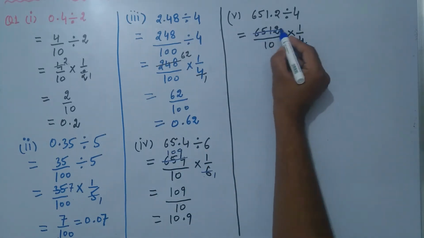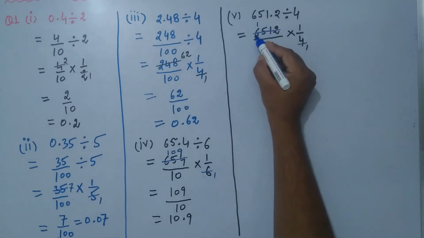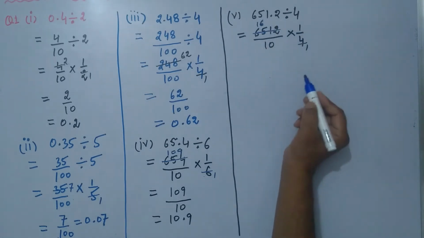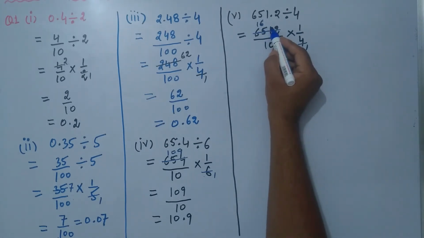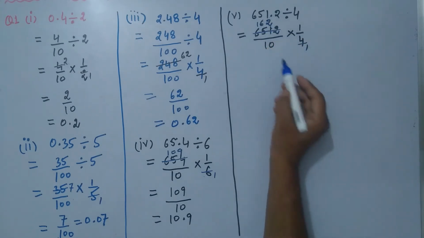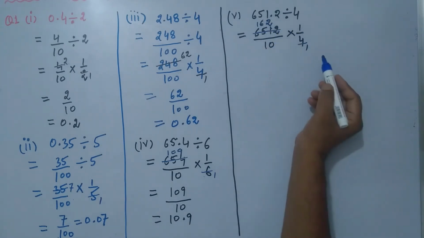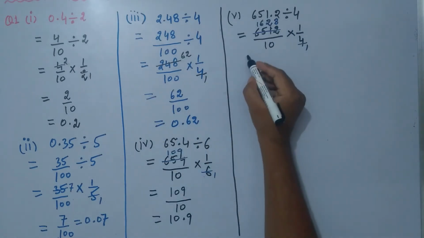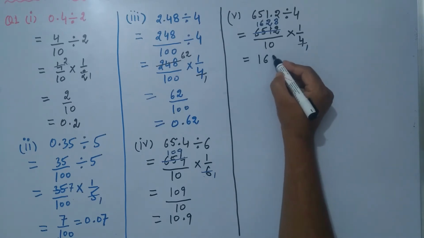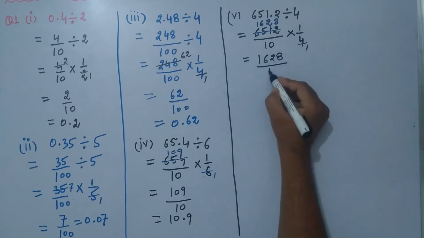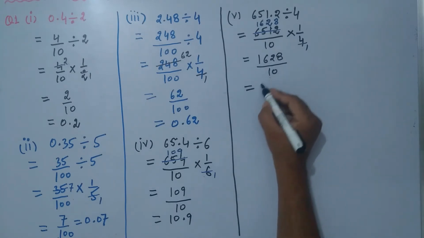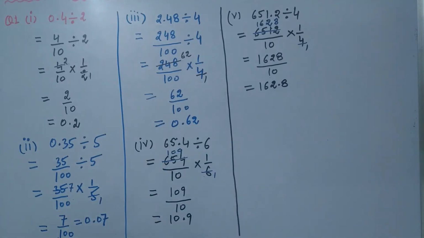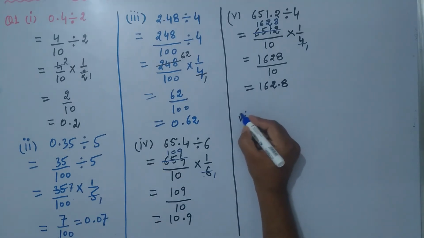Here 2 is left, 25, 4 sixes are 24, 1 is left, 11, 4 twos are 8, 3 is left, 32, 8 fours are 32. So what is the answer? 1628 divide 10. That means 162.8.